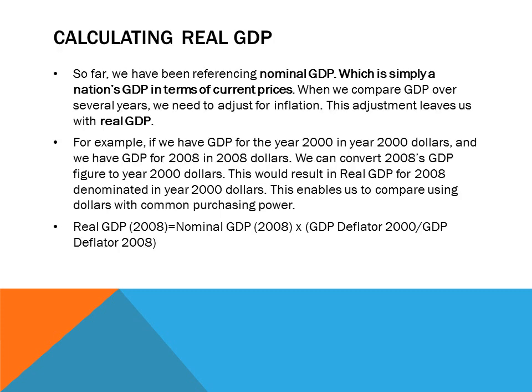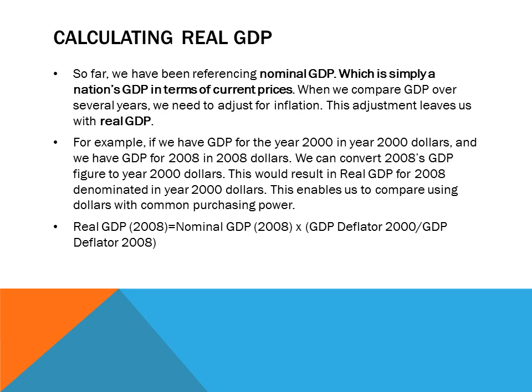Now we need to figure out how to calculate real GDP. So far we have been referencing nominal GDP, which is simply a nation's GDP in terms of current dollars. When we compare GDP over several years, we need to adjust for inflation. This adjustment leaves us with real GDP.